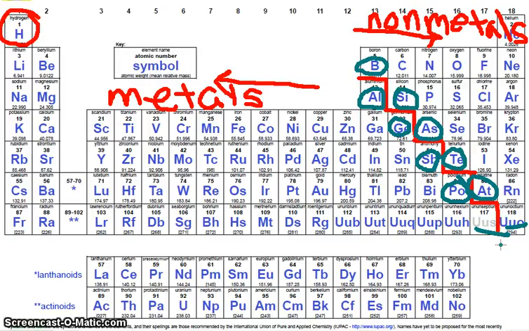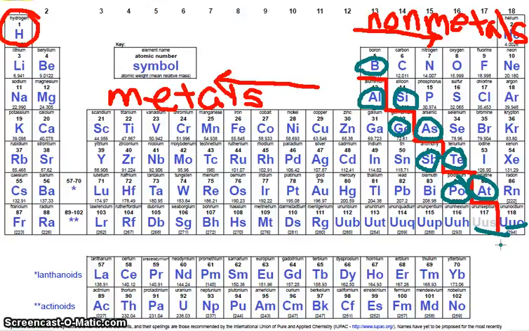Some things to know. There are some basic properties of metals, nonmetals, and metalloids. A lot of these are going to be things that you already know. Things that are metals are very good conductors of heat and electricity. So that's why you have copper wiring in your house, because copper is a metal, very good conductor of electricity.